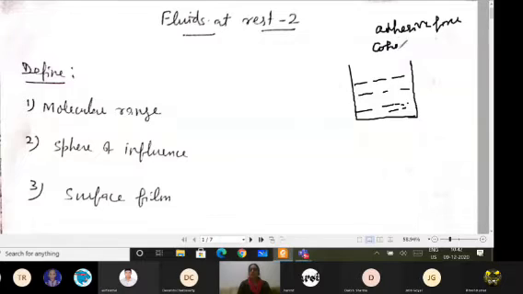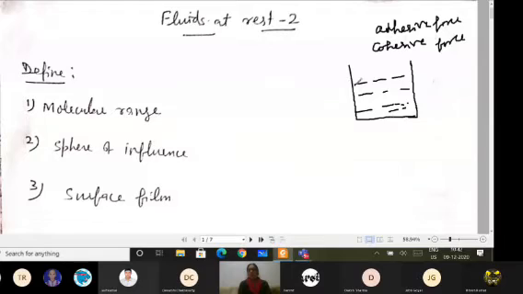Cohesive force is between the water molecules, due to which if you are putting it in some other container, you are able to move the whole water from one container to another.